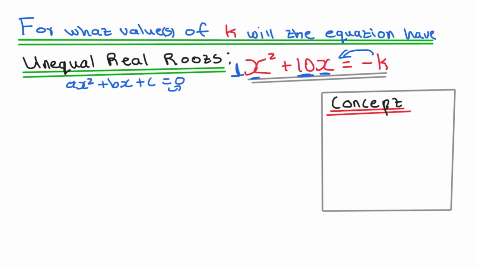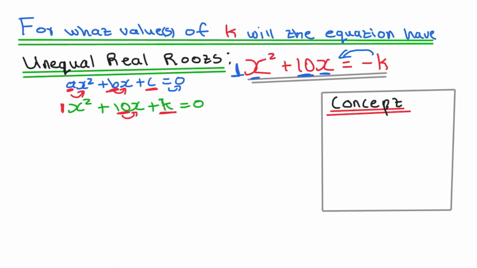So I will have x squared plus 10x plus k is equal to 0, all right? You can see that your a is 1, your b is 10, and my c, which is the constant, will just be k. B is the coefficient of x, which is 10.